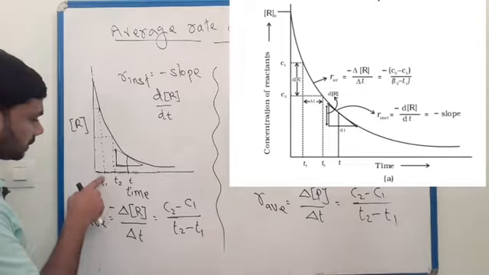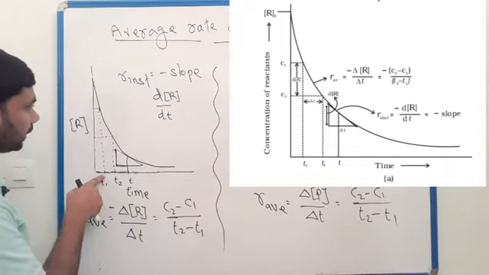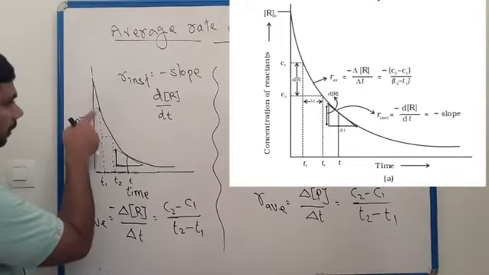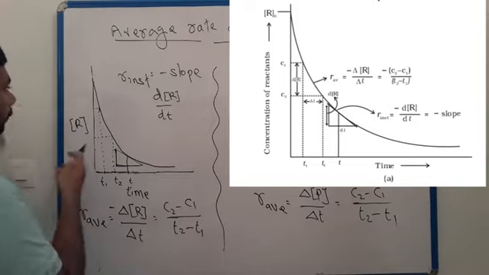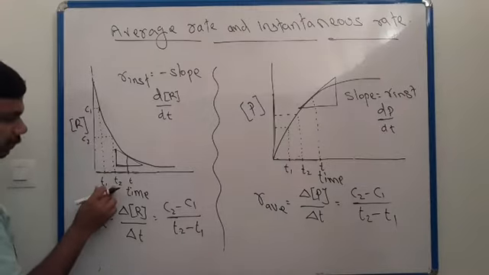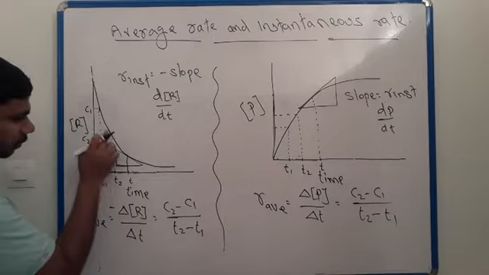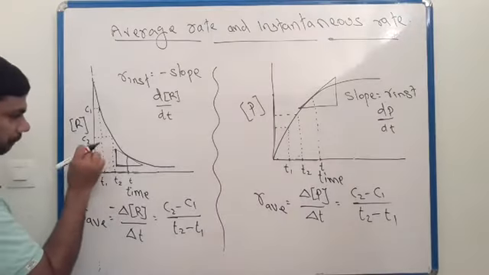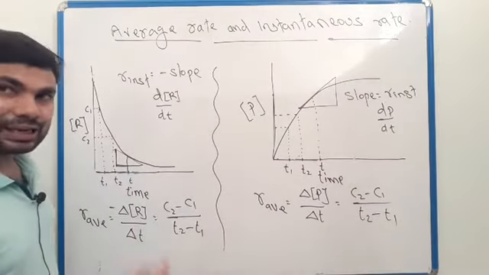This is T1, and the corresponding concentration is C1. This is T2, and the concentration corresponding to T2 is C2.